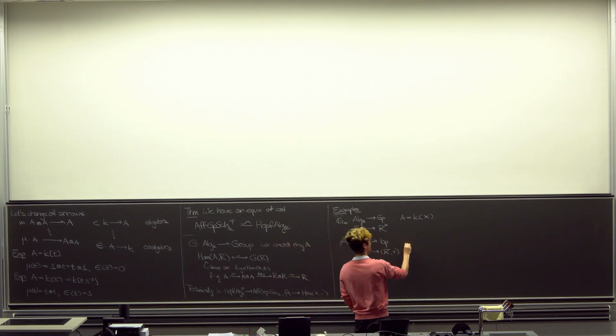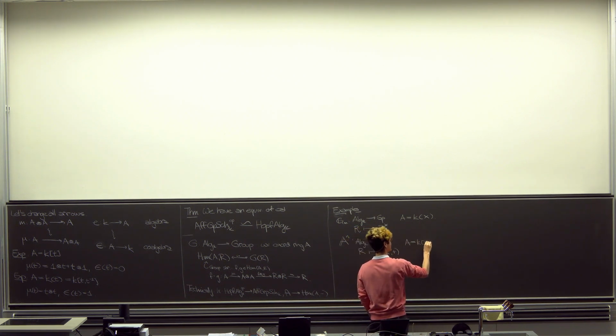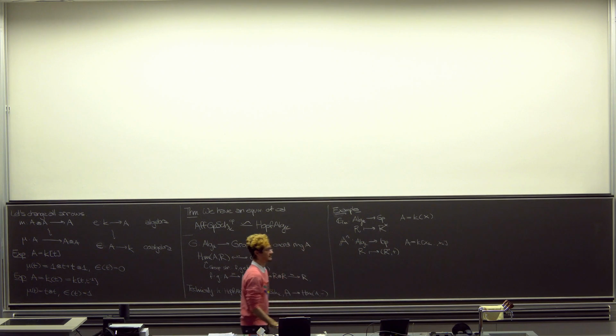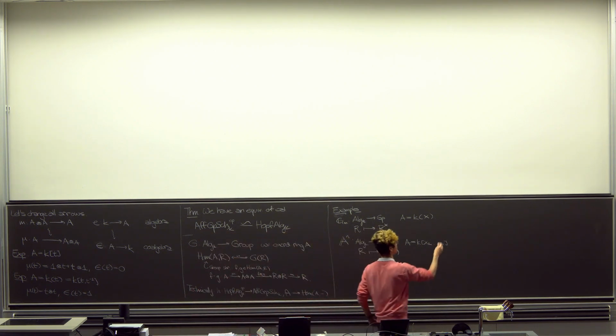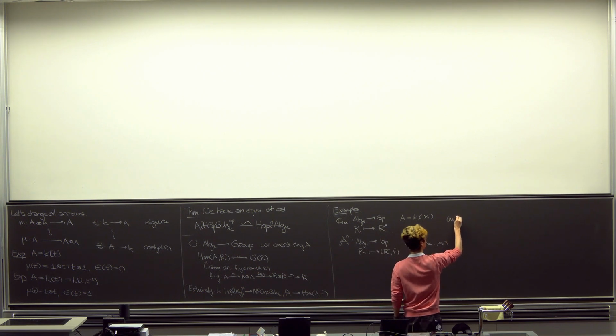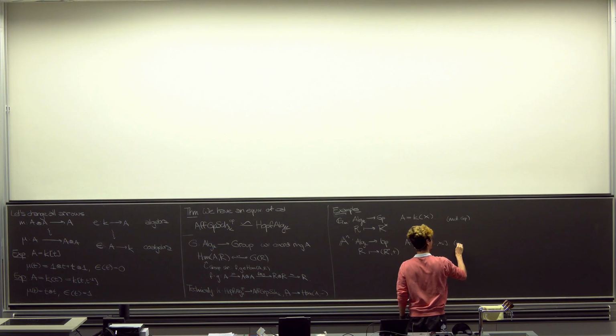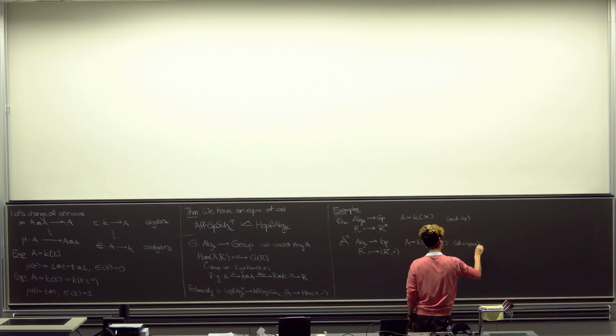And I say that the Hopf algebra which is representing it is just the normal coordinate ring of the affine line. Yes, this has a name: this is the multiplicative group, and this is the affine n-space. Those are some examples.